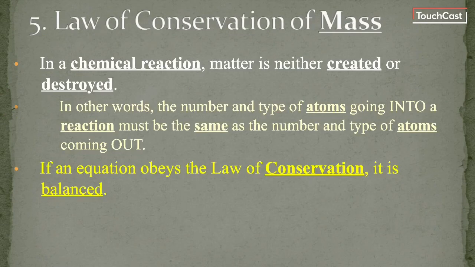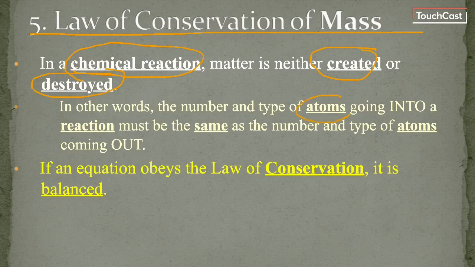Okay, next we have the law of conservation of mass. This is number 5. This is very, very important. This is pretty much what they're going to test you over in relation to this. Okay, so in a chemical reaction, matter or mass is neither created nor destroyed. In other words, the number and types of atoms going into the reaction must be the same as the number of atoms coming out.